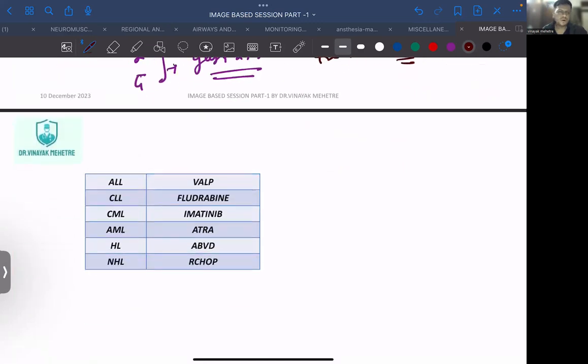This is the regimens, or the treatment, of all the lymphomas. You have to mug it up. ATRA does not stand for atracurium, which I taught you in the anesthesia class. It stands for all trans retinoic acid.